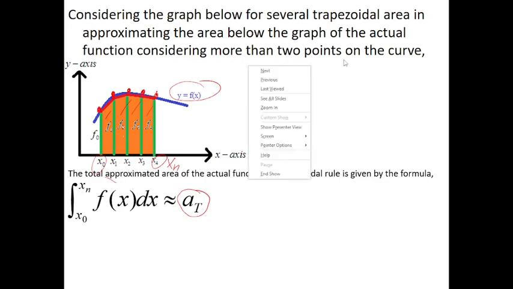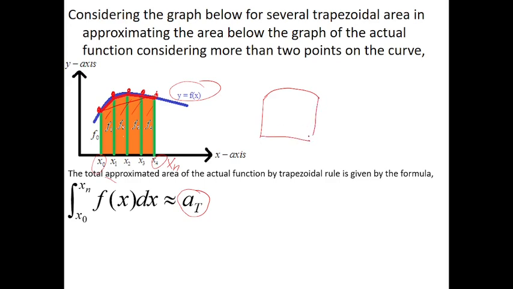So if we consider only one trapezoid, if this is the actual function, if we only consider one trapezoid, the approximation is not that accurate. So this part is lost. This part is lost.